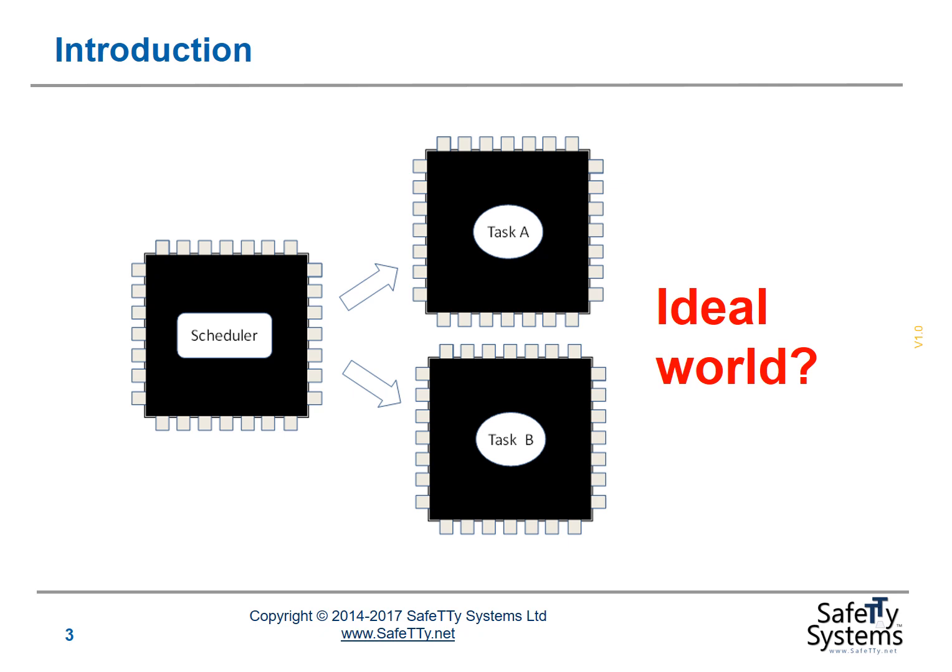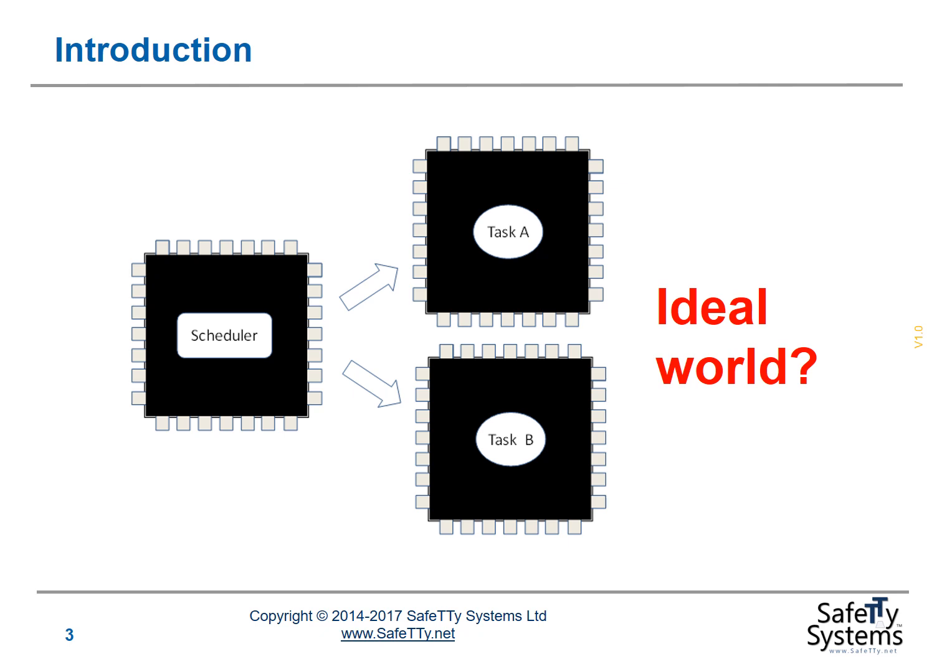We talked about this example first in video 1, when we introduced the concept of freedom from interference, or FFI. In video 1 I suggested that this might be an ideal view of the world. We might have a scheduler running on one processor, task A on a different processor, and task B on a separate processor: 3 processors in total.